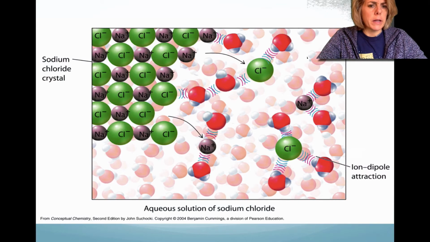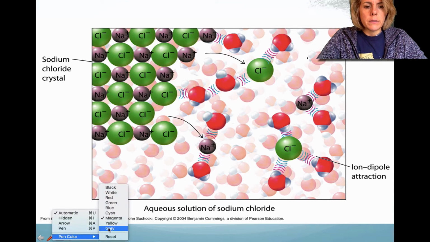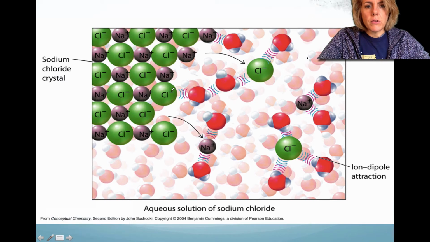Notice that the water molecules are attracted to the opposite charges, and as a result they essentially are pulling these ions out and they're surrounding them. So when you have all of the water molecules surrounding an individual ion, that puts them in the liquid phase. And notice that the positively charged hydrogen is attracted to the negatively charged chlorine. And the opposite happens with the sodium ion.